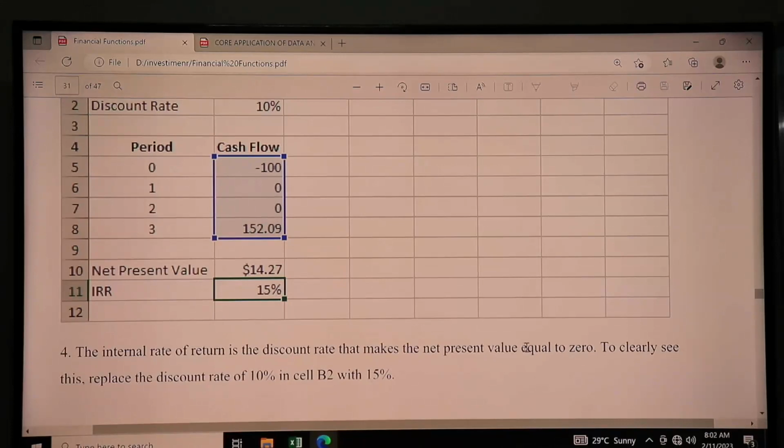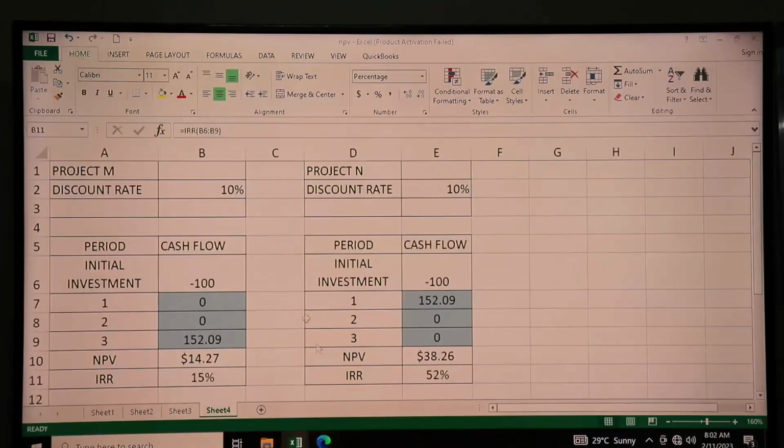It's supposed to be equal to 0. So we can practice that. If you replace this one with 15%, then you find that our net present value equals 0. In the second example, again, if you replace this one with 52%, then the net present value equals 0.